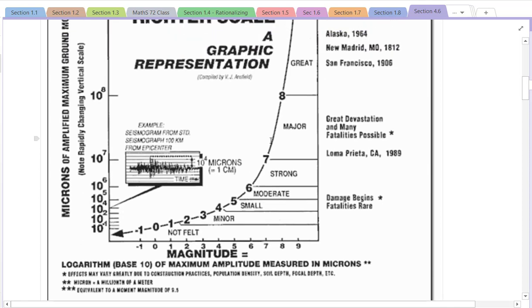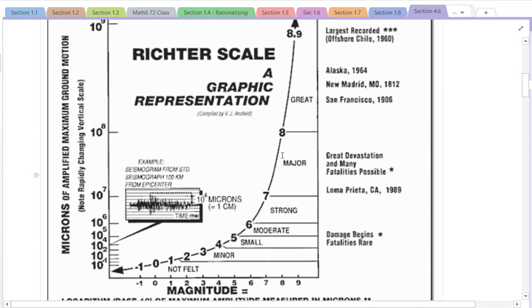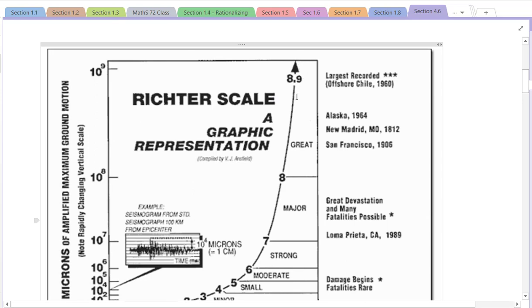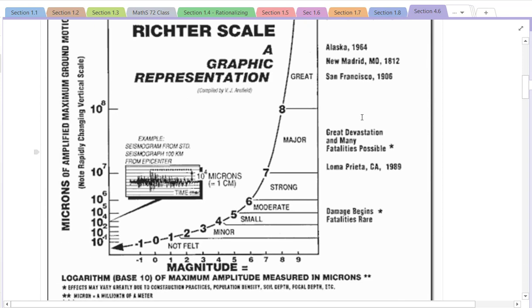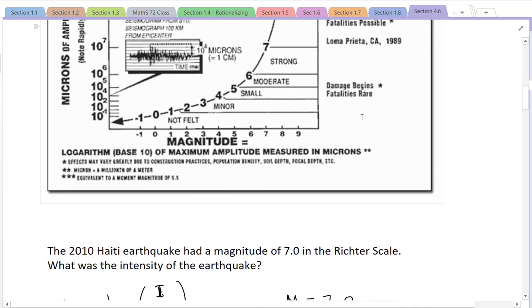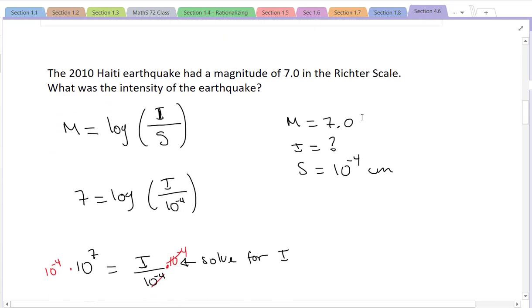It makes sense, notice that 7 is way up here. That will be considered a very destructive earthquake, and of course, anything higher than that. The Chile earthquake of 1960 had a magnitude of 9.5, so it would be interesting to see what the intensity of that would be.